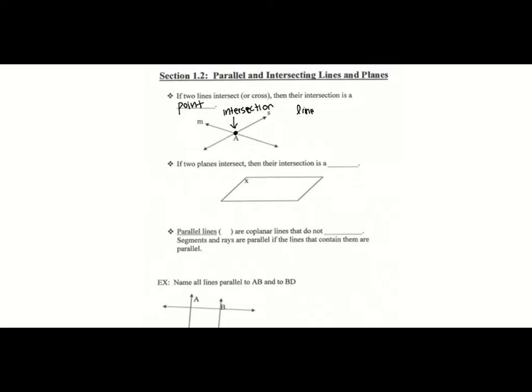So we could say line M intersects line S. So here we have line S at the end. That lowercase s is not a point, it's labeling our whole line. Line S at point A. We know that A is a point, it's a capital letter, and it's right in the middle where those two lines intersect.